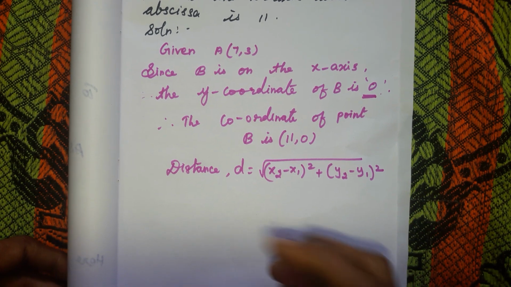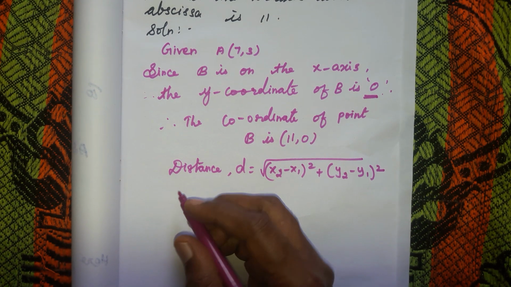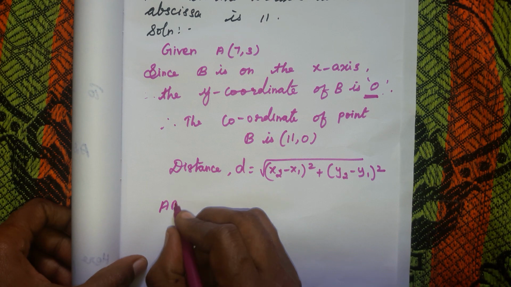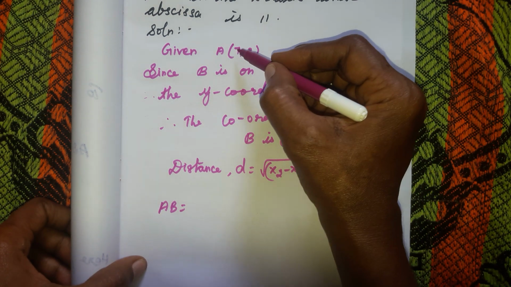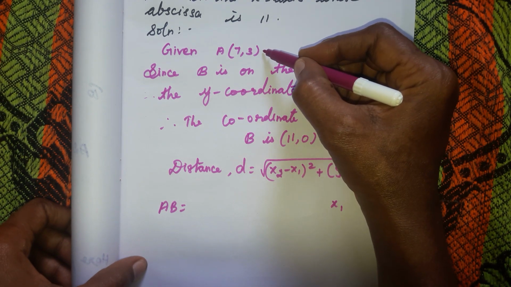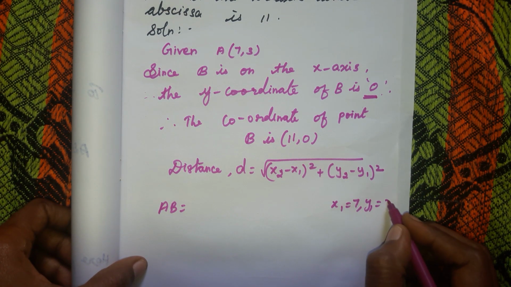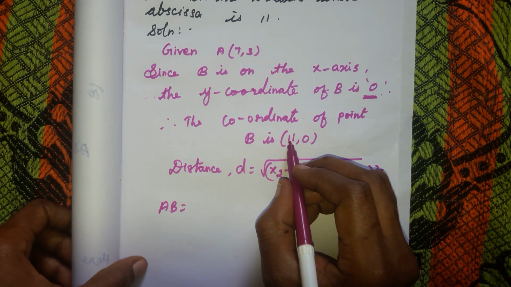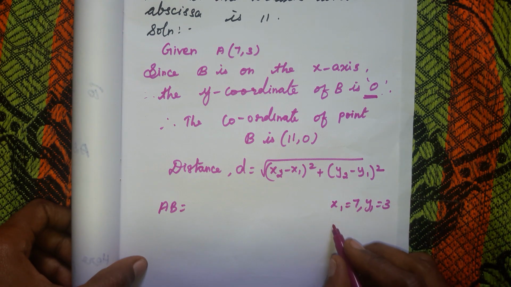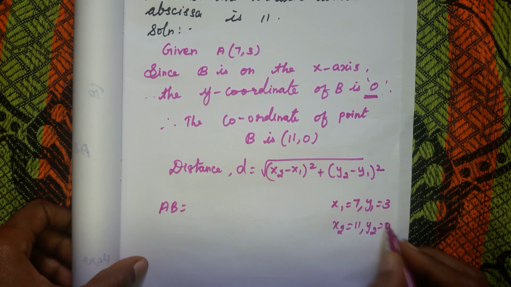Here we have to find AB. What is x1? x1 is equal to 7, y1 is equal to 3. Next, what is the point B? (11, 0). So x2 is equal to 11, y2 is equal to 0.